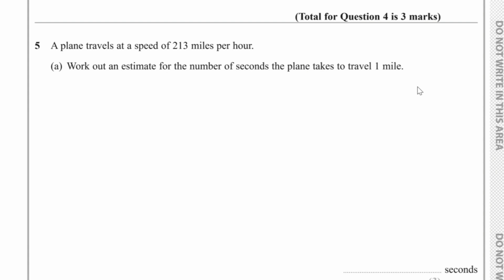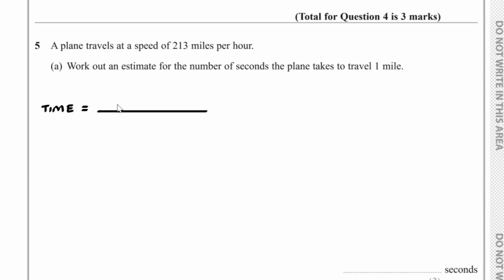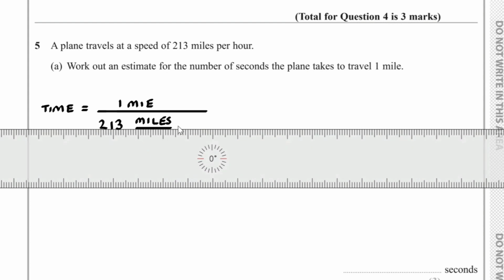Question number 5. A plane travels at a speed of 213 miles per hour. For part A, we have to work out an estimate for the number of seconds the plane takes to travel 1 mile. Well, the time it will take, we've got here 1 mile because that's how far we are travelling, and the speed is 213 miles per hour.